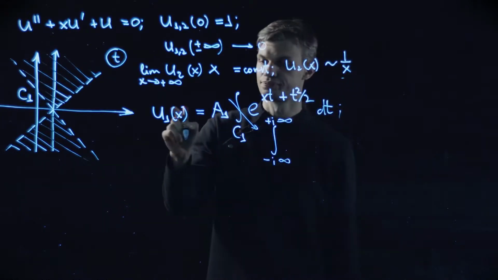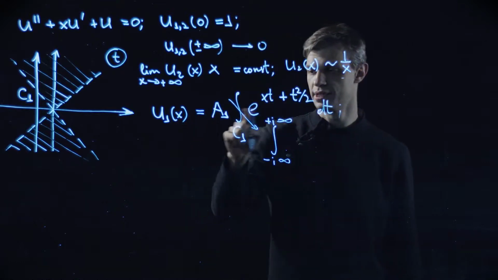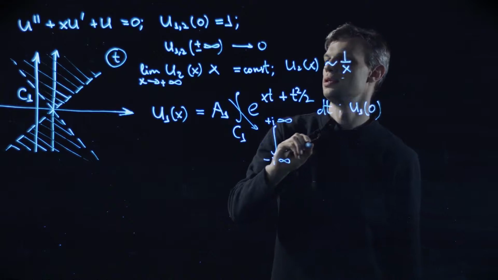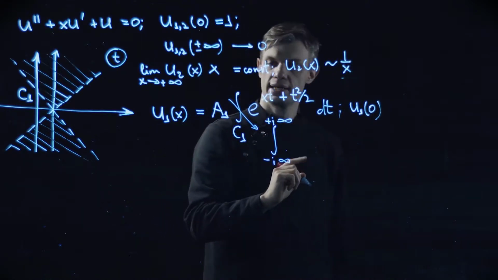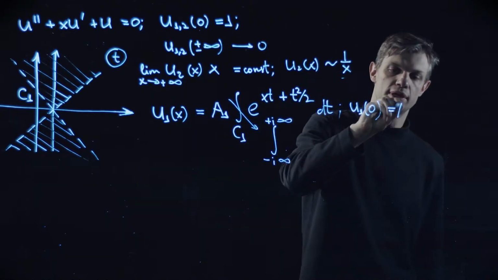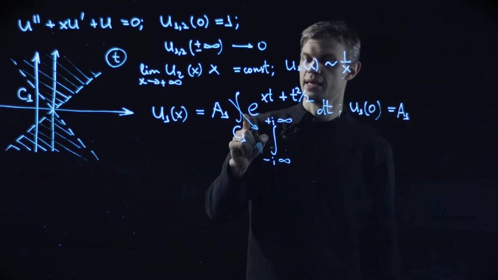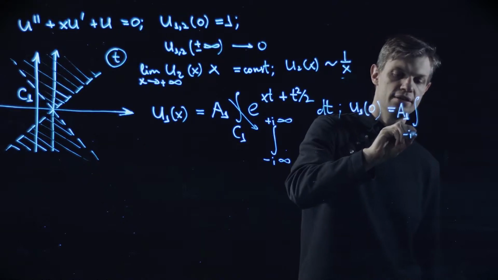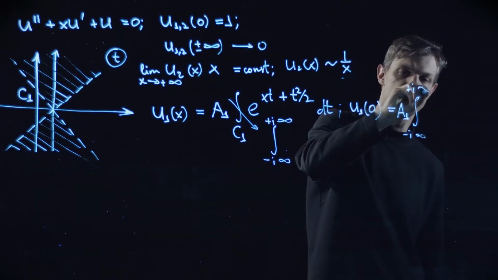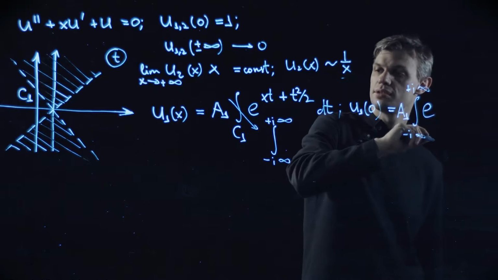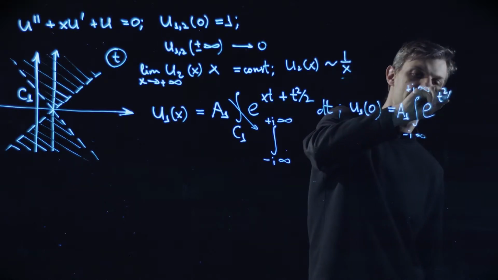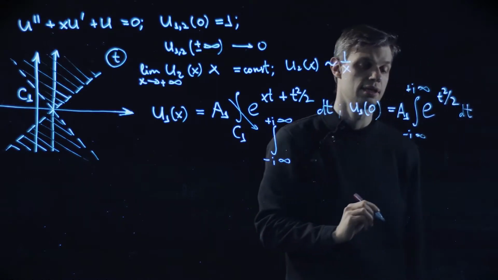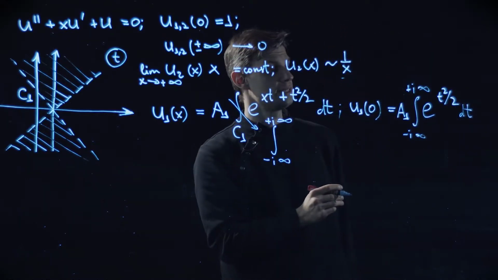So now let's find the constant a1. u1 of 0 is 1. So it's equal to a1 times the integral from minus i infinity to plus i infinity of e to the t squared over 2 dt. And this is a simple Gaussian integral.